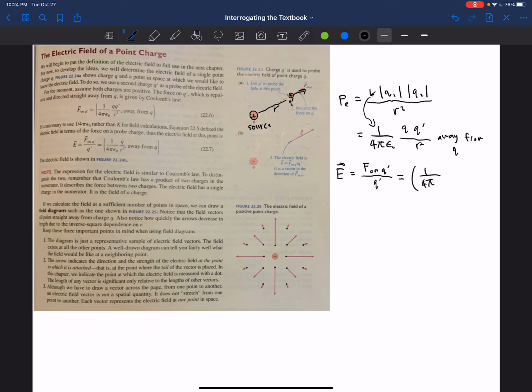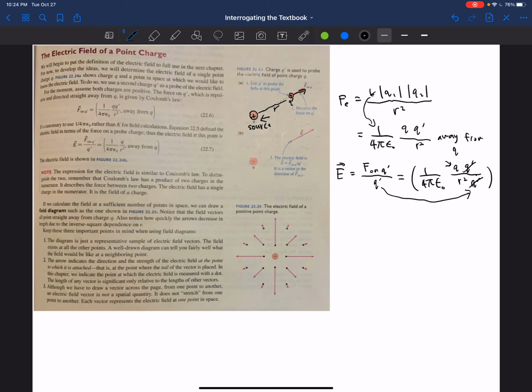So let me rewrite it real quick. Because you have Q prime over r squared, and over Q prime, so these two cancel. So the charge of the point charge used to test the electric field strength doesn't matter, since they cancel out. And this Q is the charge of the source. So yeah.